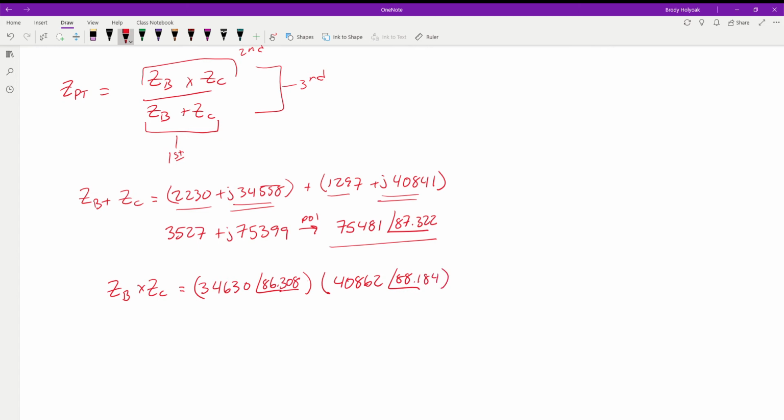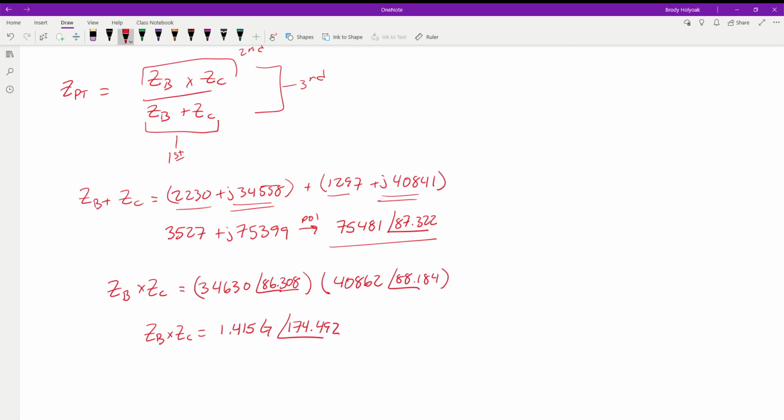So that value is going to come out to be, when we carry it all through, so ZB times ZC is equal to, now remember when we're doing this, I'm just using this as a placeholder for our original formula. That's going to be equal to 1.415 gig at an angle of 174.492.